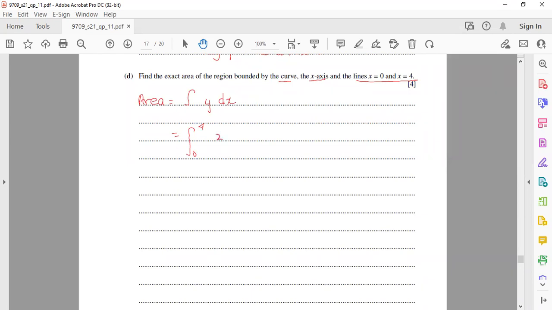So y is 2 square root of (3x plus 4) minus x dx, which is equal to, so let's integrate this part, 2 times (3x plus 4) to the power of 1 half. So half plus 1 is 3 over 2. We divide by 3 over 2 and we divide by 3. Minus x squared over 2 from 0 to 4.